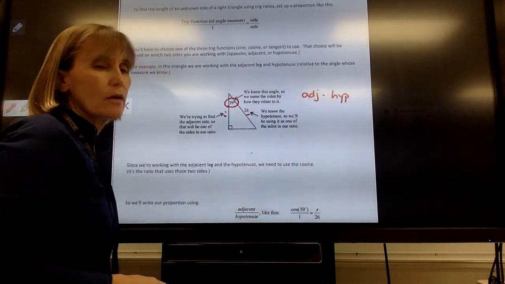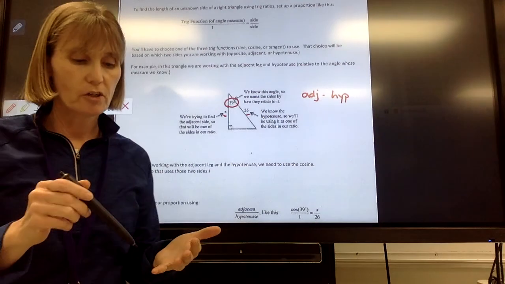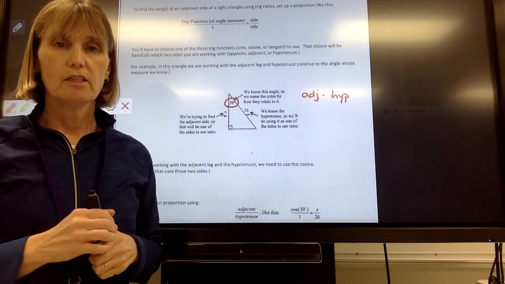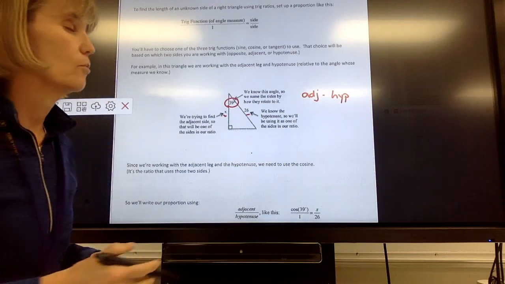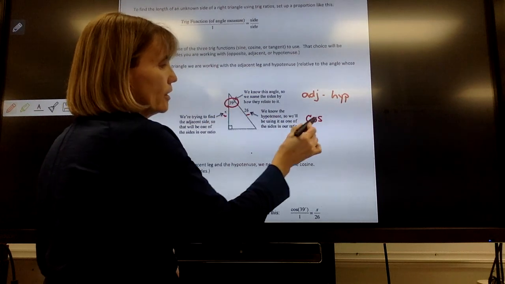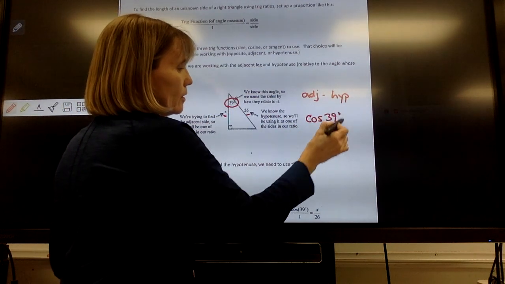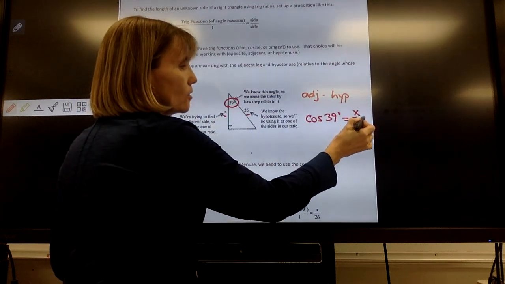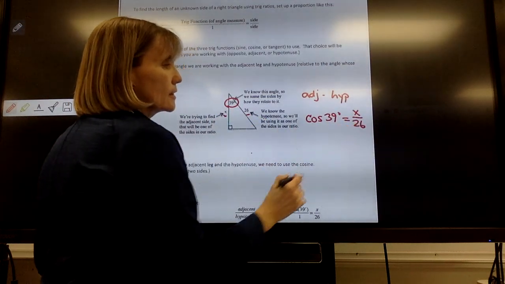You want to go back and think about which trig function deals with adjacent and hypotenuse. Is that the sine, the cosine, or the tangent? Hopefully you said, well, that's the cosine. So the cosine of 39 degrees equals the adjacent leg, x, over the hypotenuse, and I can set up an equation.